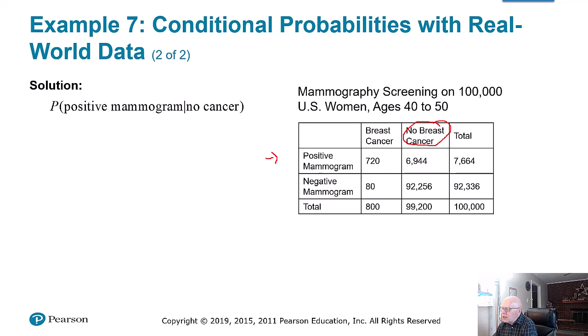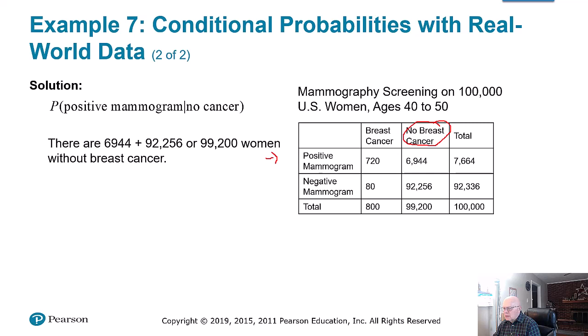So we already know she doesn't have breast cancer, and those are 6,944. 99,200 that don't have breast cancer.